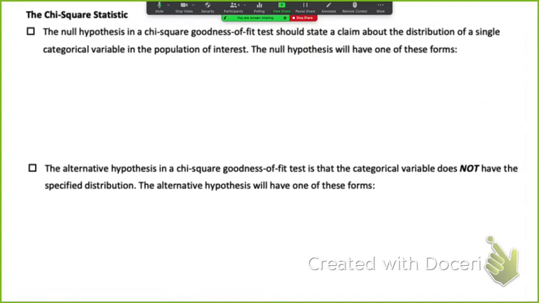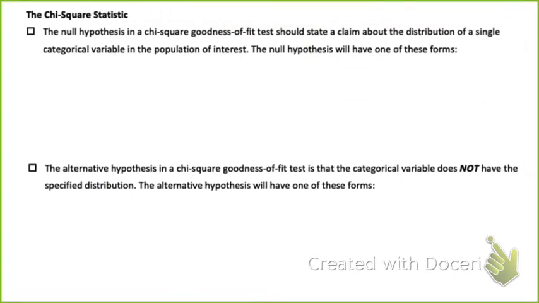But before we do that, I got to tell you guys a few things about how this works, okay? The chi-square test statistic is similar to a z test statistic or a t test statistic, okay? So we're going to have a null hypothesis. Now, our null hypothesis is going to look slightly different than what we've been doing before. We're not going to say that chi-squared equals anything, okay?